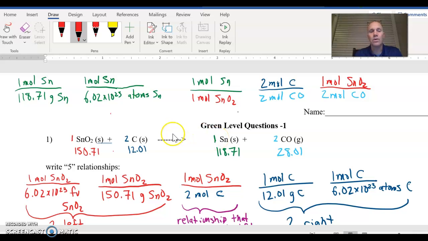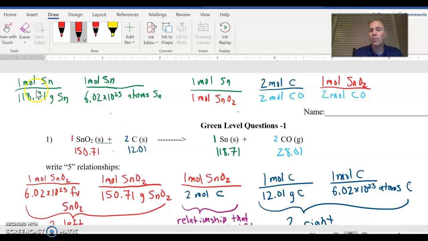And you could express it like that. Notice this number right here, 2 moles of carbon. I could relate that to this thing over here, 2 moles of carbon monoxide. I could relate this thing right over here to this thing right over here. And notice all I've done is pulled the numbers out of the balanced equation.